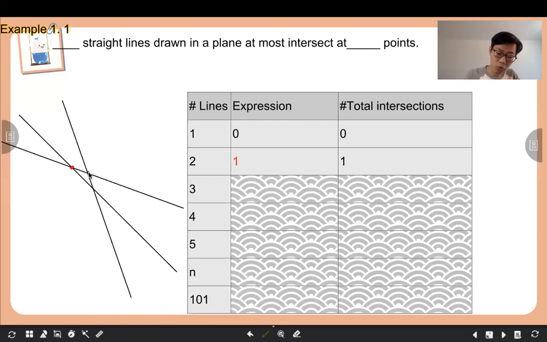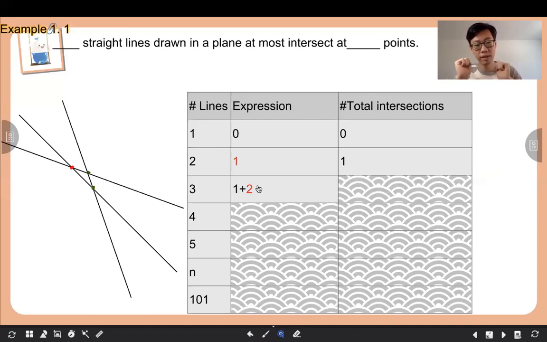Yes, 2. So my expression will be written as plus 2, right? The third line intersects with the previous 2 lines and thus creates 2 more intersections. That's why I'm having this red 2. The red number is the new intersections introduced by this line.